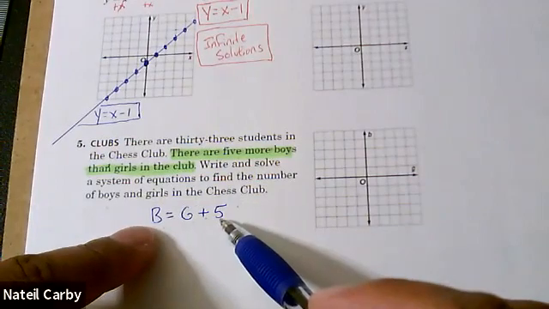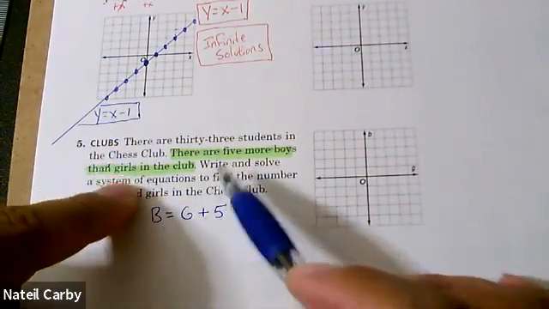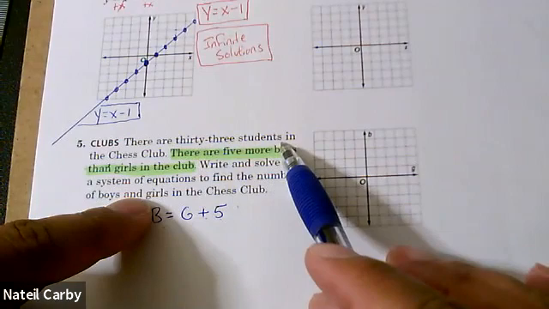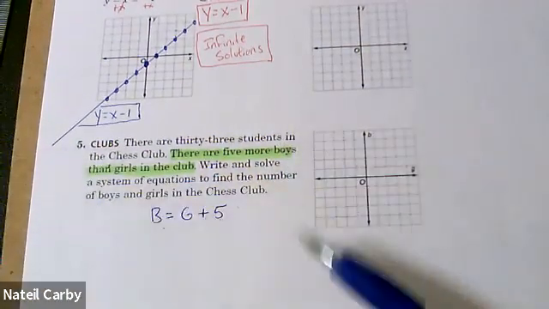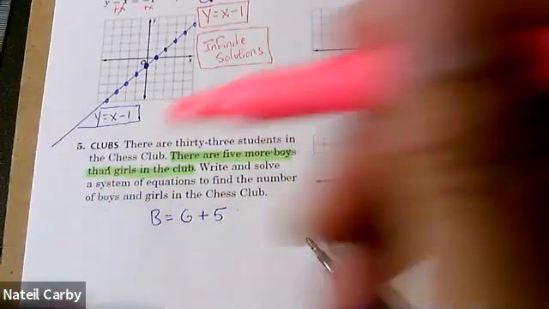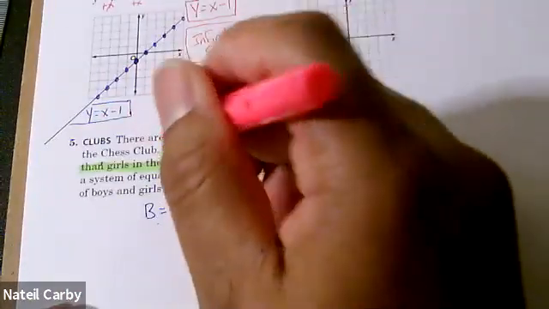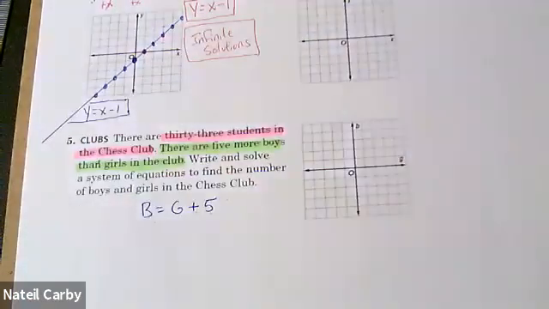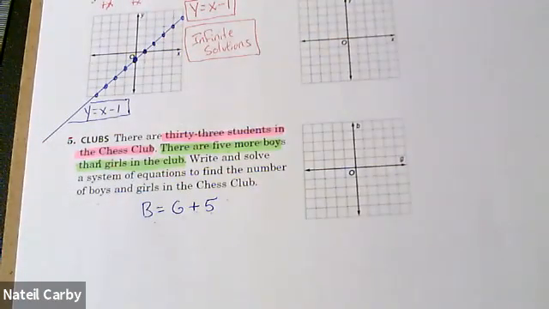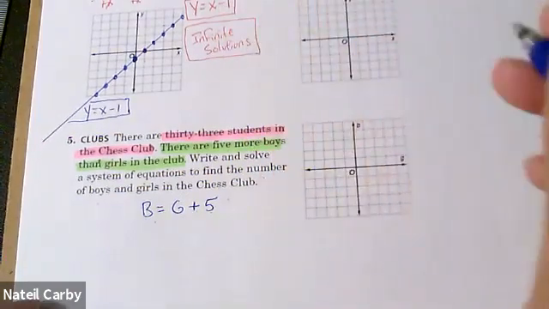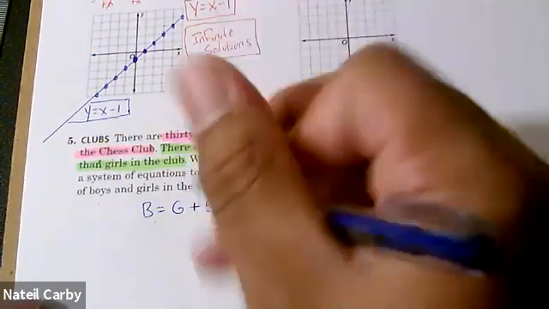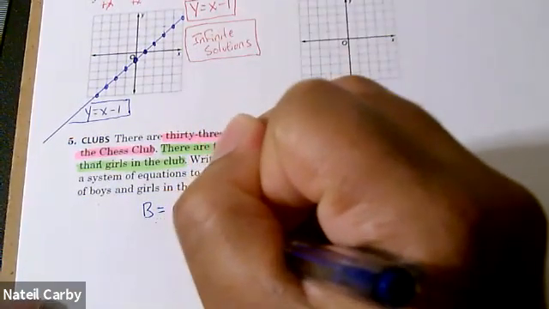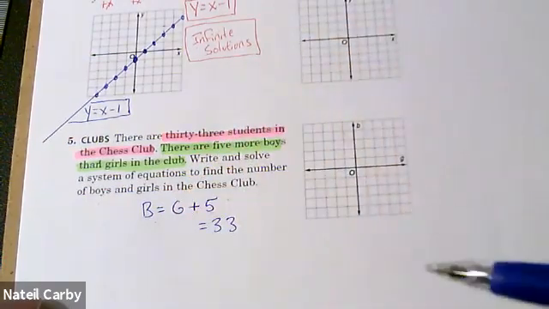So now, what else can I use? There are 33 students. So I know I can use that information. Something is equal to 33. I just don't know what it is. People in the club, right?